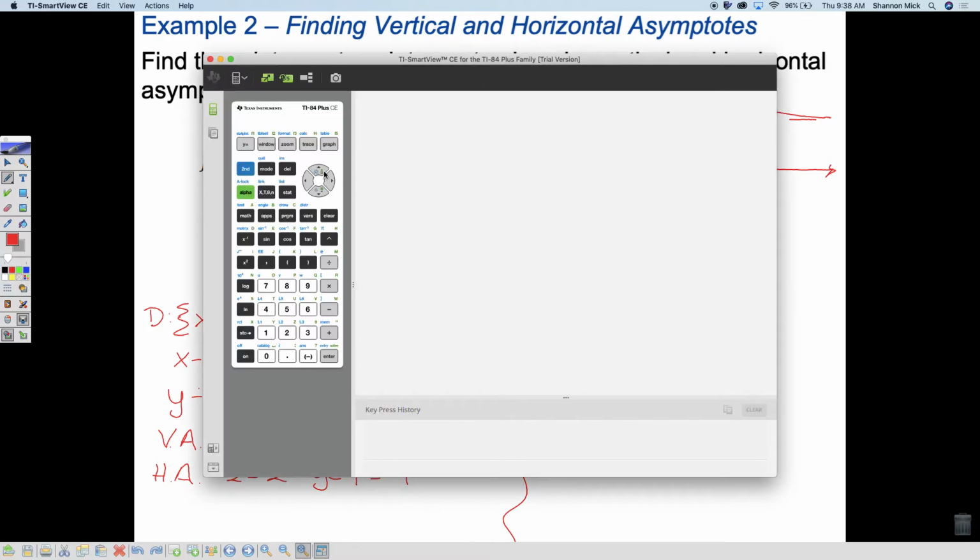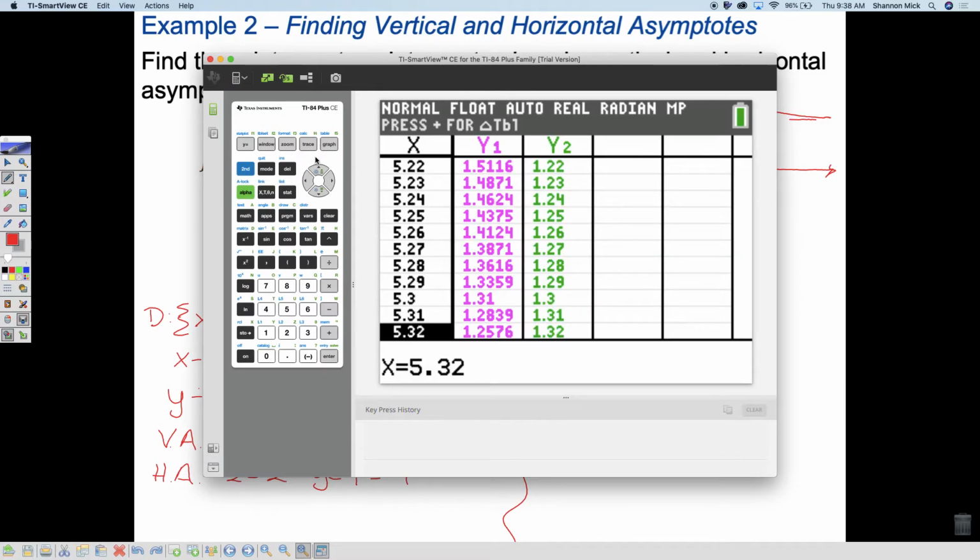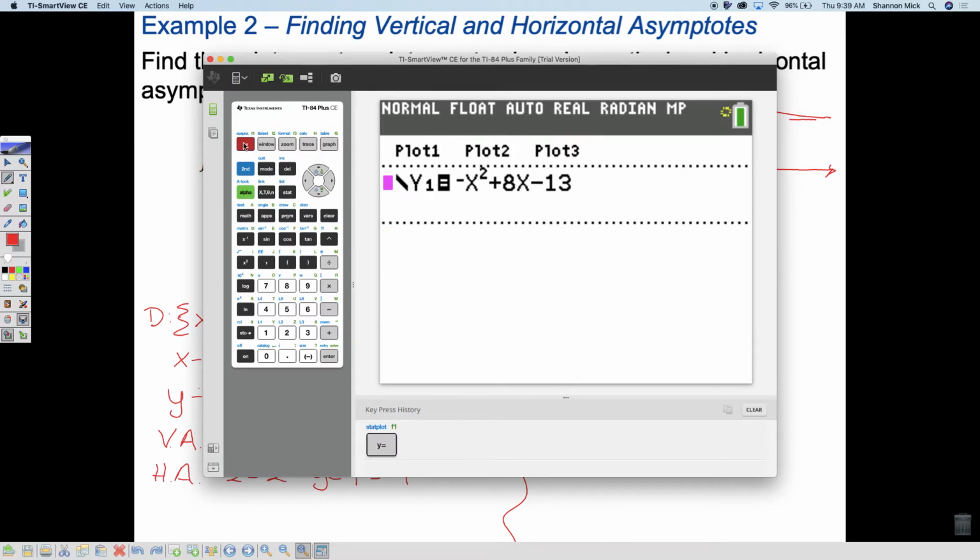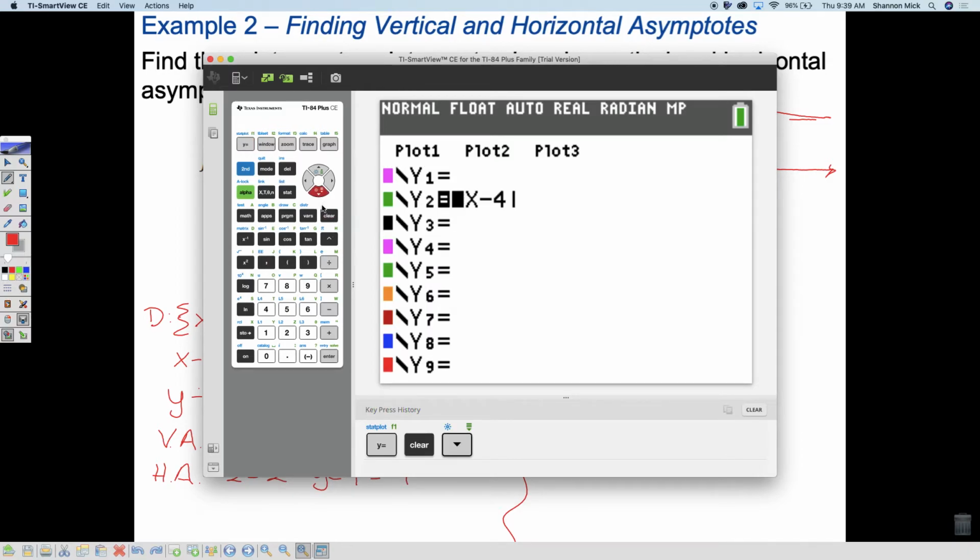Well, you all have a graphing calculator. That's what you should be putting it into. So y equals, clear, clear, and I'm going to put 4 plus, and then I have to put parentheses around my fraction.